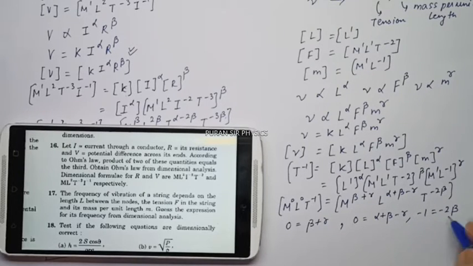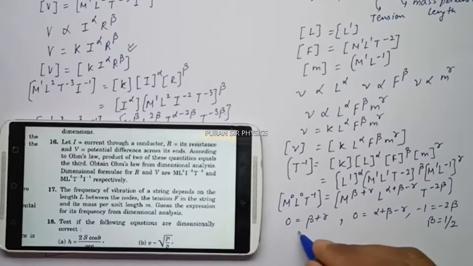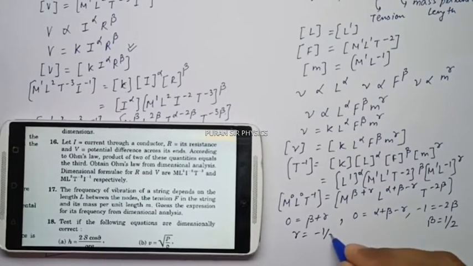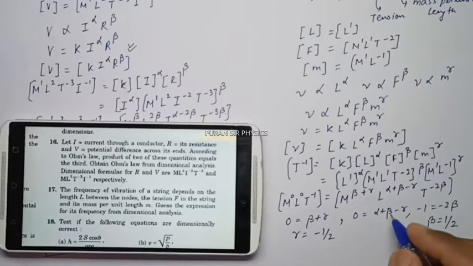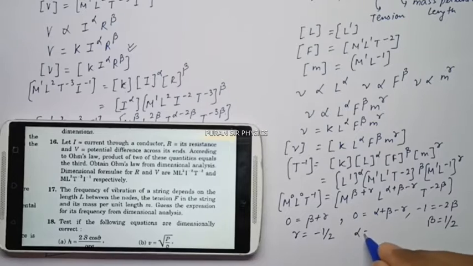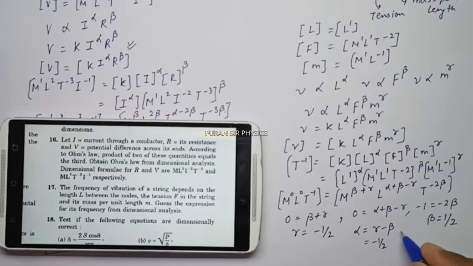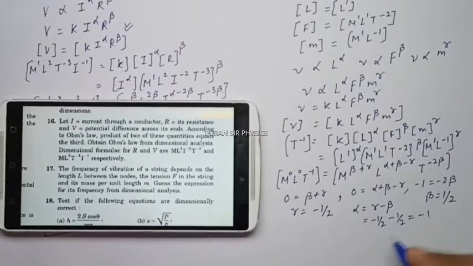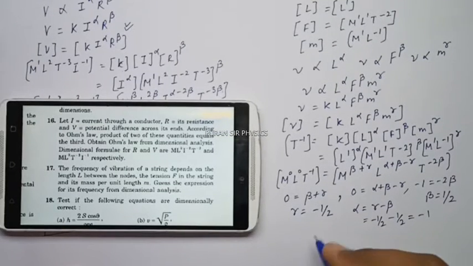From the third equation we get beta equals 1 by 2. So we get gamma equals minus 1 by 2, because gamma is equal to minus beta, and alpha is equal to gamma minus beta. Gamma is minus 1 by 2 and beta is 1 by 2, so it comes out to be minus 1. So we have all the values.